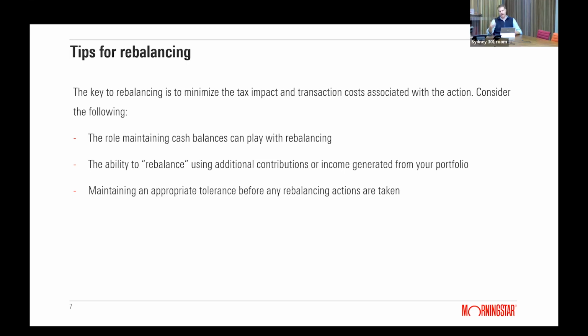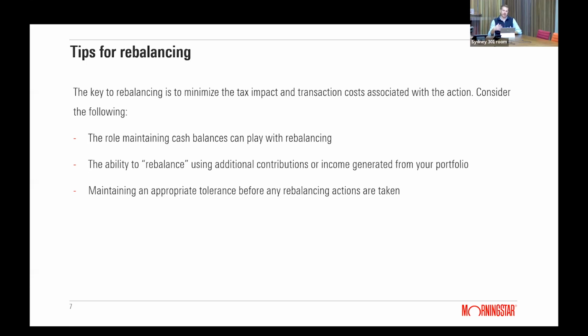If you're holding some cash in your portfolio, it allows you to go in there and buy the relative loser in your portfolio and get that allocation up without any tax implications. So think about cash, think about the ways you can use cash. The other thing you can do with cash is that it can offset other risk in your portfolio.